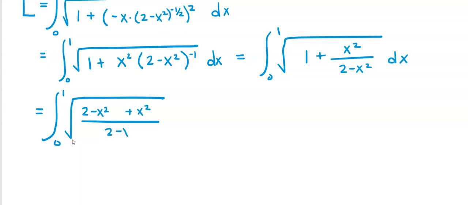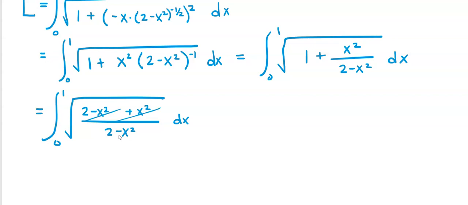And then our denominator would just be 2 minus x squared. So we multiplied the 1 in both the numerator and the denominator here by 2 minus x squared. Okay, and that's how we got this piece right here. Okay, now the x squareds, if you look at that, they actually cancel out.